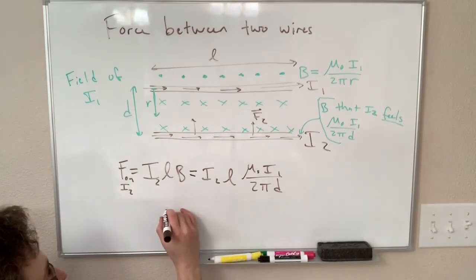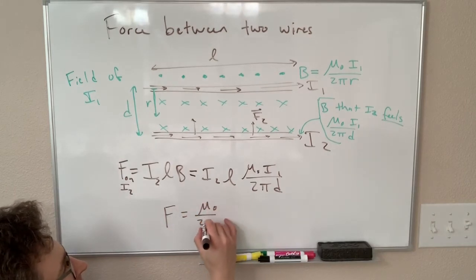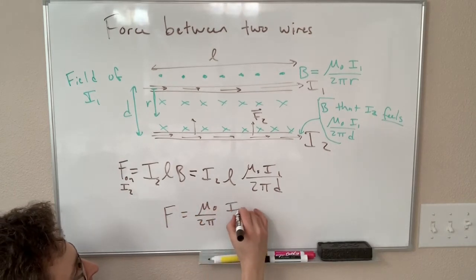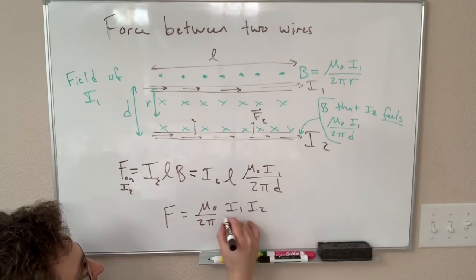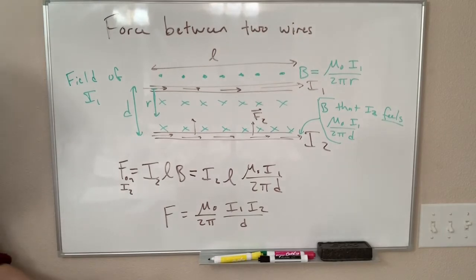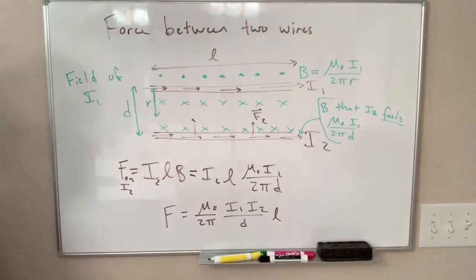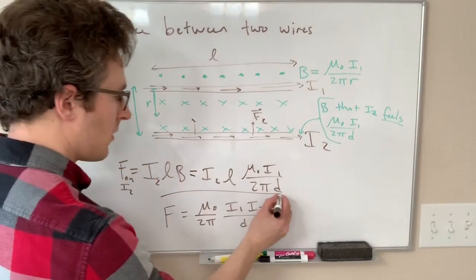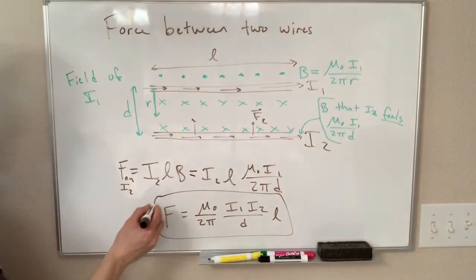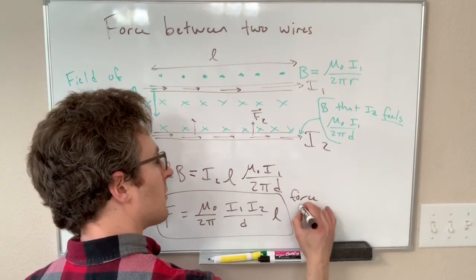Rearranging this, we get the following: mu naught I1 times I2 over 2 pi d, I forgot the L, times L. This is our equation for the magnitude of the force between two wires.